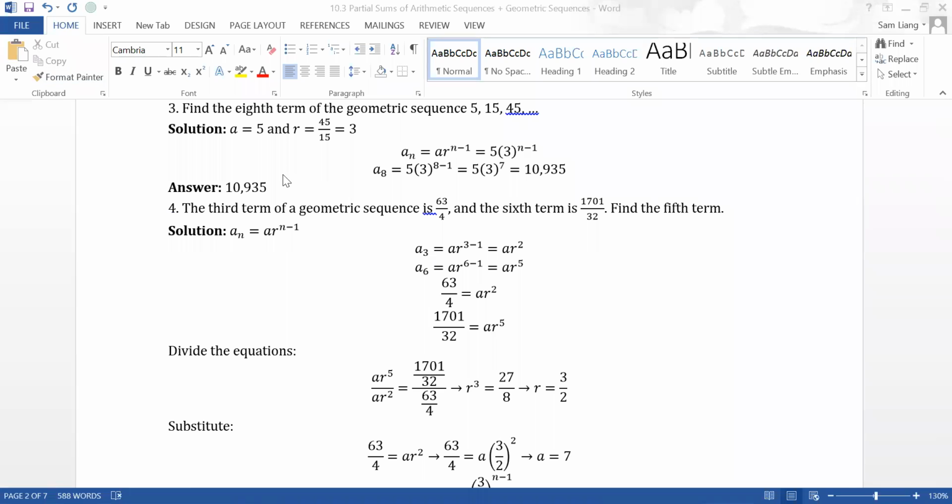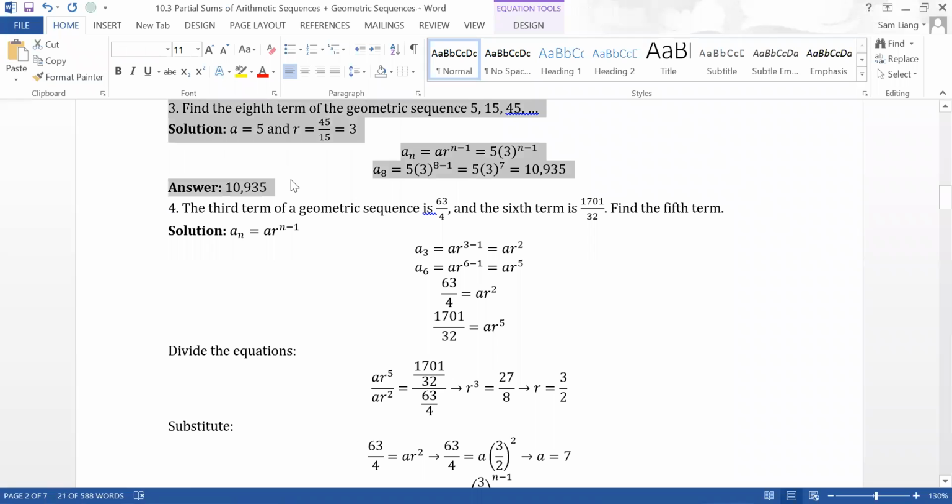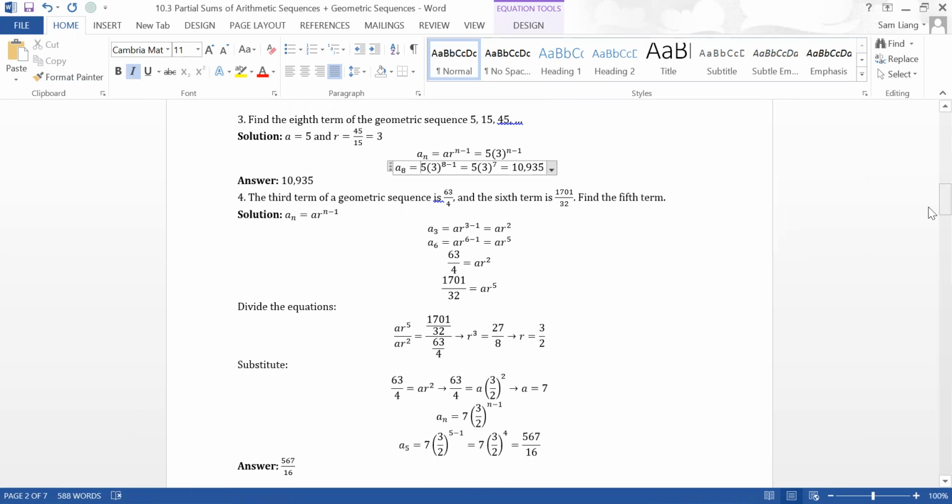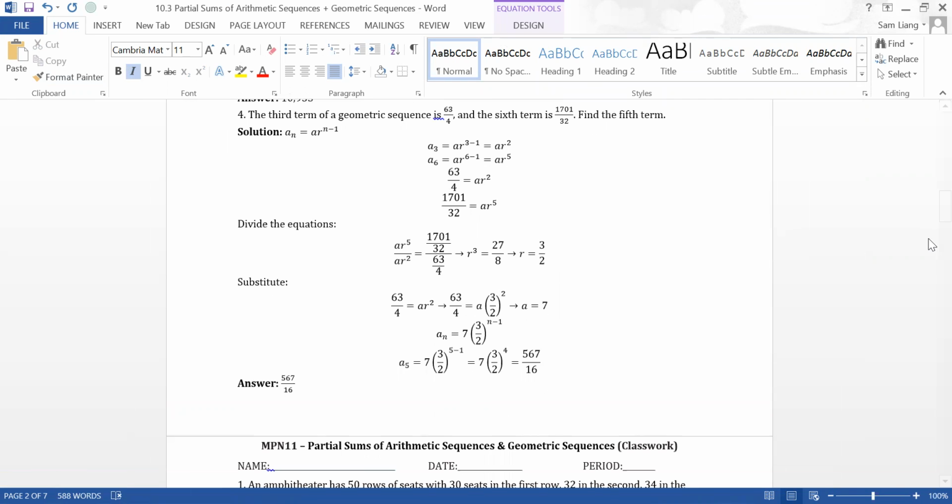Okay. Does anyone have questions on 3, or just want me to copy this? If not, then we'll go into 4. Let me zoom out for this. Okay, zoom back in.